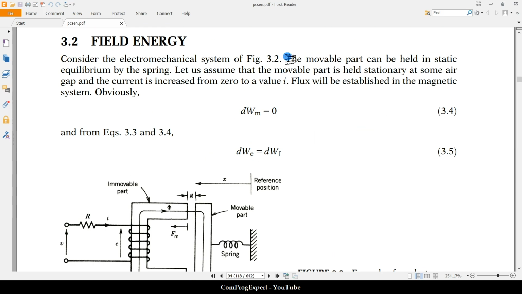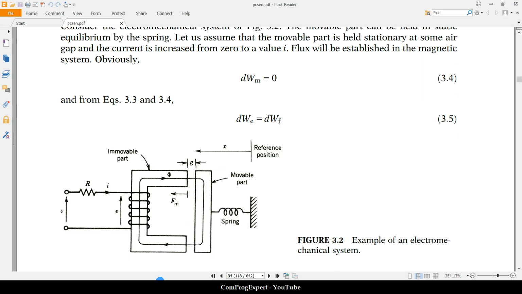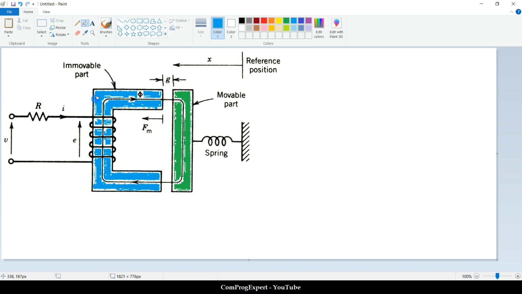Considering this system, the movable part is this one, and this is the stationary part. In the case of a rotating electric machine, this is the stator and this is the rotor.